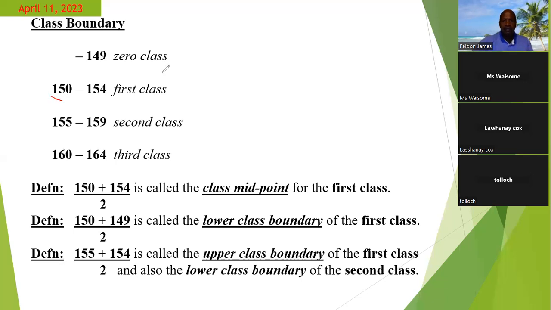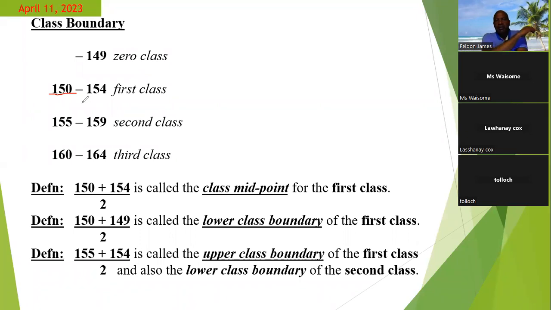Do you agree? Because remember, this is a limit. That means there is a wall right here. So the lower boundary of the first class would be found close to the lower limit of the first class. Is that clear, guys?